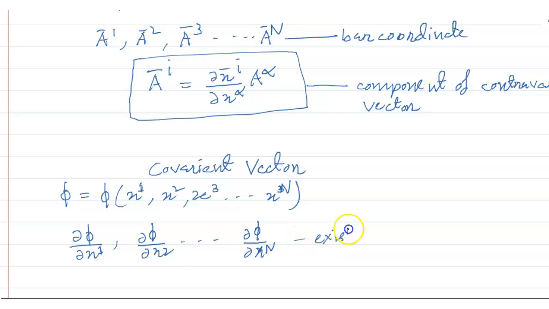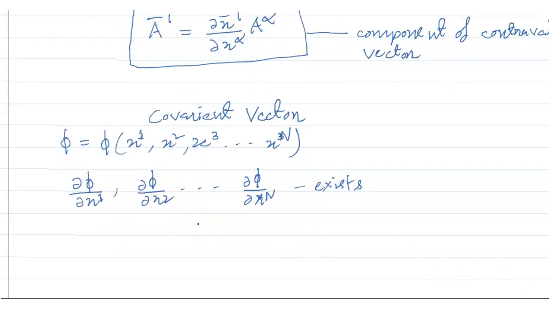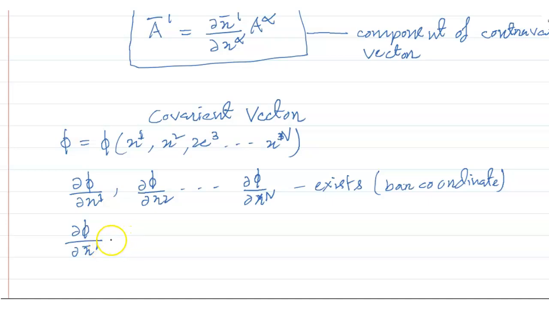exists, and del phi with respect to the bar coordinates also exists: del phi divided by del x bar 1, del phi divided by del x bar 2, up to del phi divided by del x bar n exists.